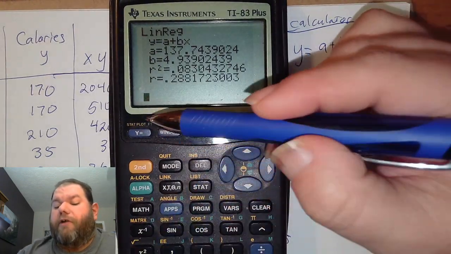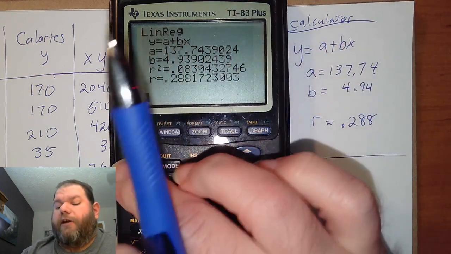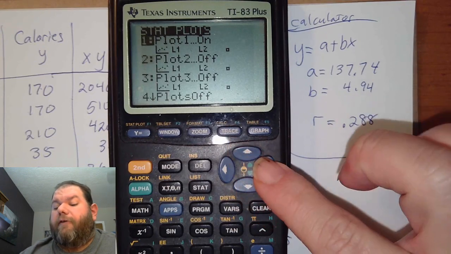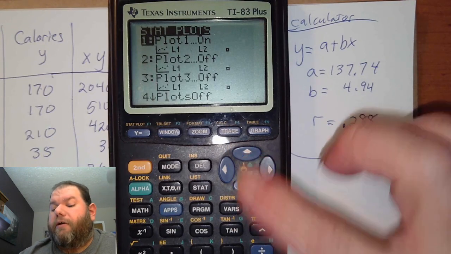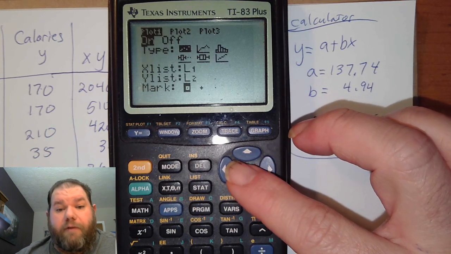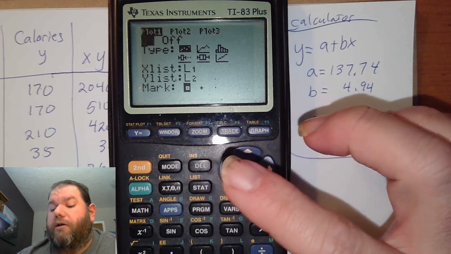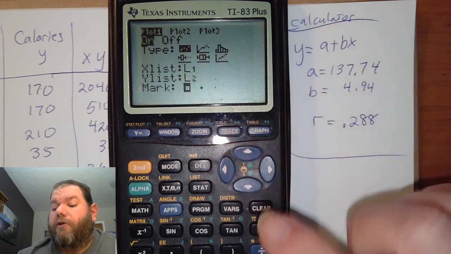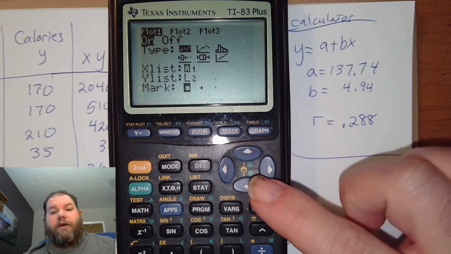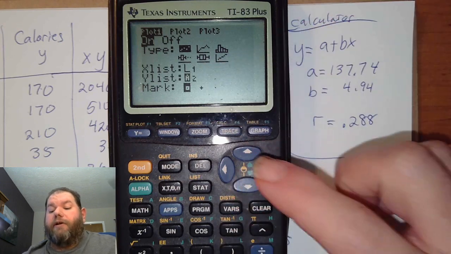Stat plot is actually right up here above the y equals button. So press second and y equals. Now yours is probably off by default, but mine is on because I use it every semester. If it's off, switch it over to on, and we just want the first box here shaded. And again, our x values are in list 1, our y values are in list 2. You can see it indicated right here.